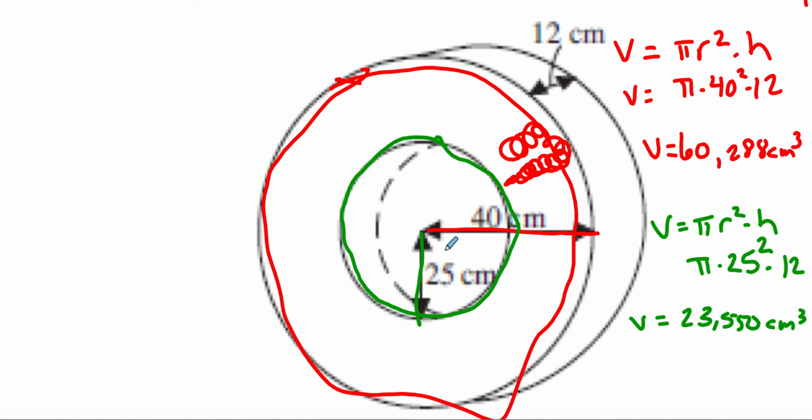Now remember what I did here is I had this whole big toilet paper and I cut out the center part so I'd have a place to put it on the toilet paper roll holder. So what do I need to do with these two numbers? Simple, subtract them. 60,288 minus 23,550.